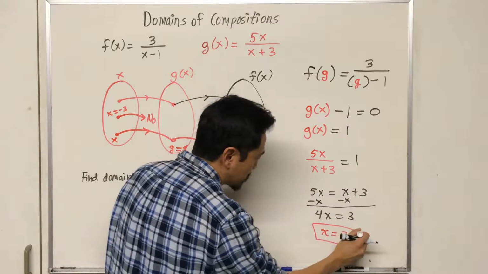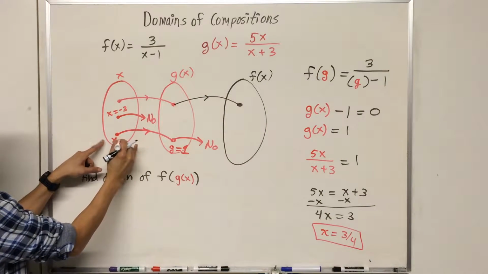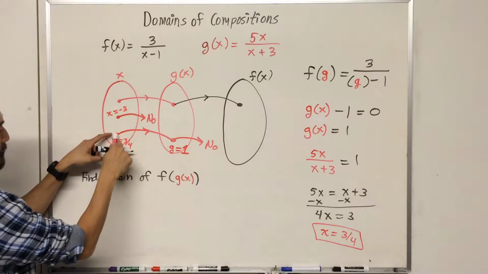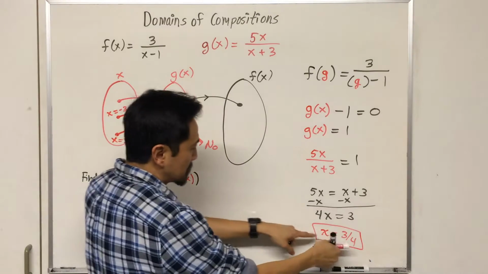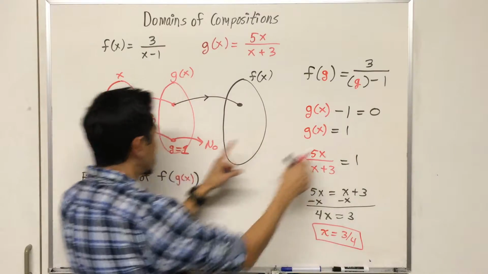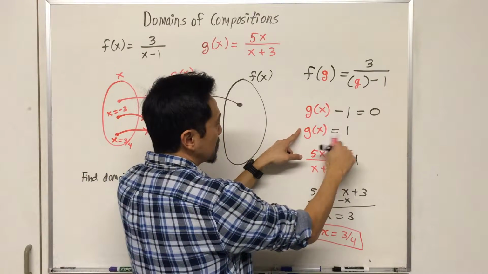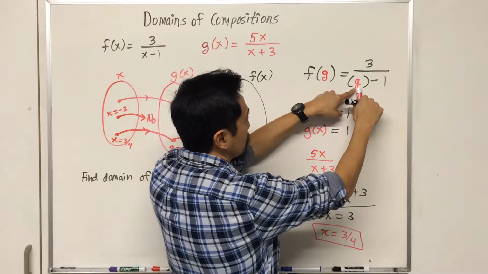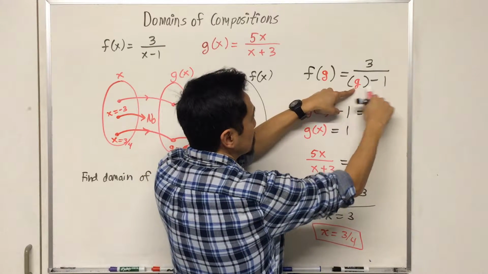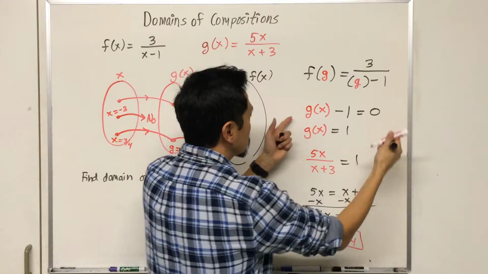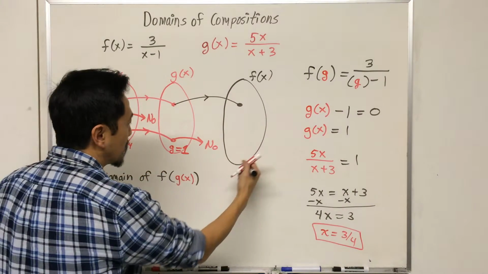If x is 3/4 all the way back here in red, it will then produce a g value of 1, right? That's what that says. And then that g value of 1 will get plugged into the black function f, and it will make this denominator equal to 0. Okay? And then f would become undefined.